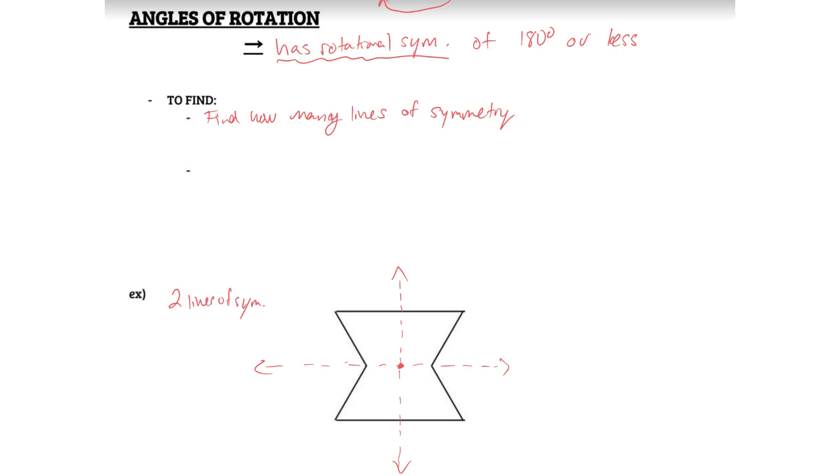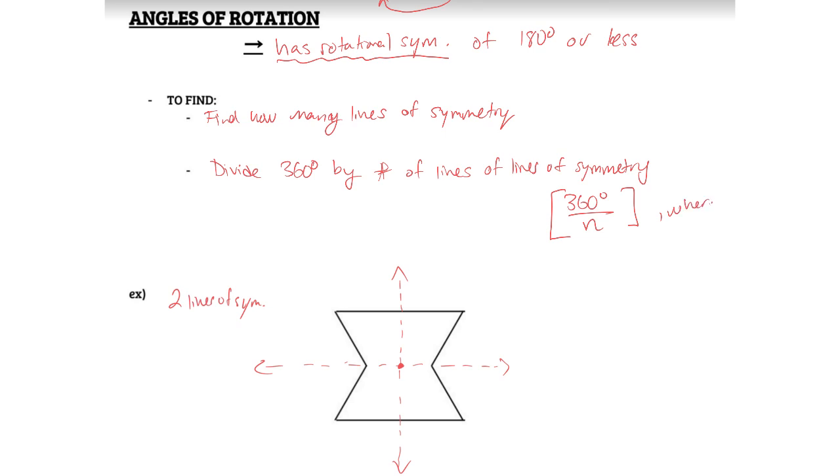Now to find the angle of rotation, what we're going to do is divide 360 degrees by the number of lines of symmetry. So it's going to be 360 degrees divided by n, where n is the number of lines of symmetry.